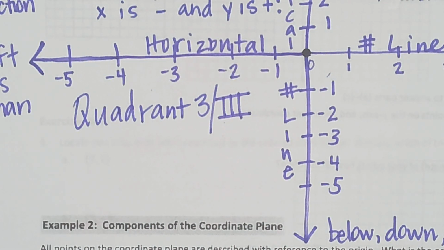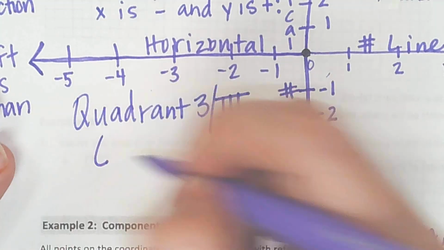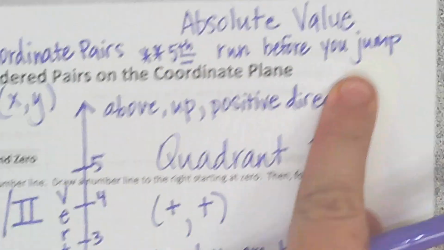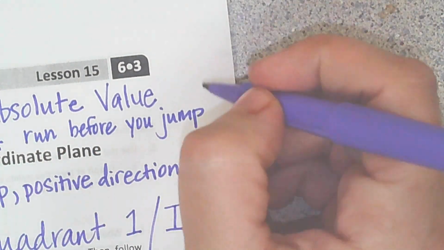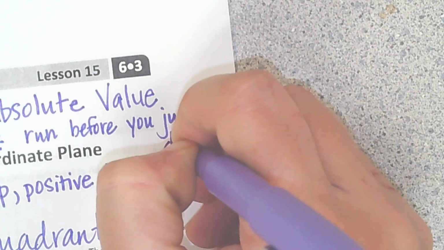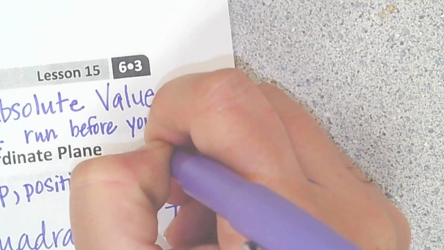Okay? Now this is where that run and jump doesn't work. You still run, but now we're dropping. So I'm going to go back up to the top, and instead of saying run before you jump, I'm going to say run before you drop. Okay? One of the two.